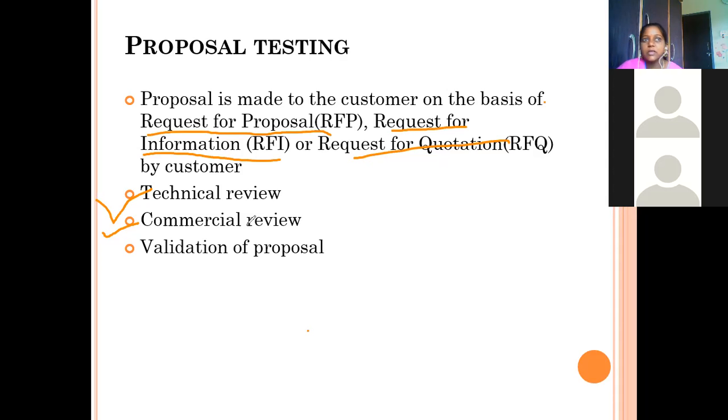So for example, the condition may be that after completion of 20% of the project, you will be released 10% of the amount of the total software or so. As per your word with the customer, as per your contract, it will come into the picture.